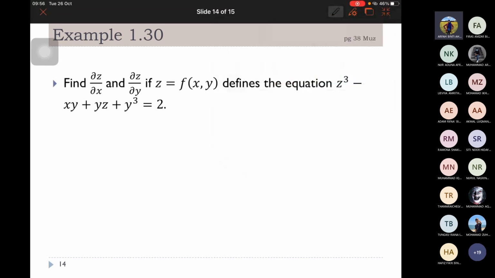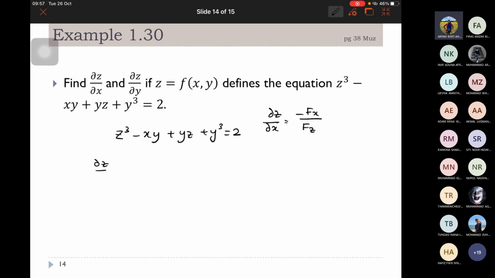So from here we have the equation given, z cubed minus xy plus yz plus y cubed equals 2. And we would like to find delta z over delta x, which will be equal to negative fx divided by fz.